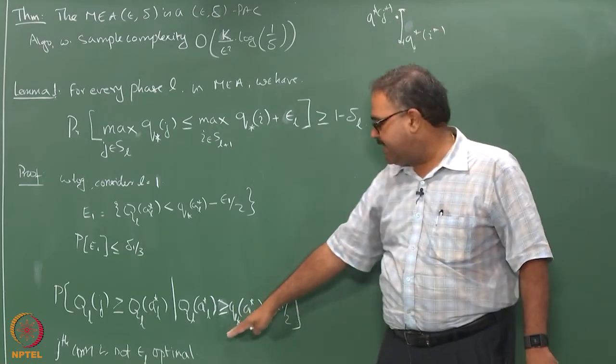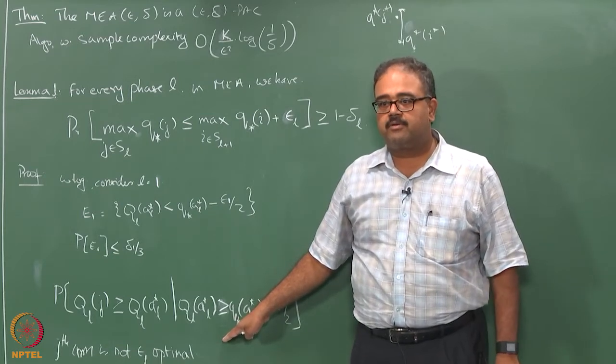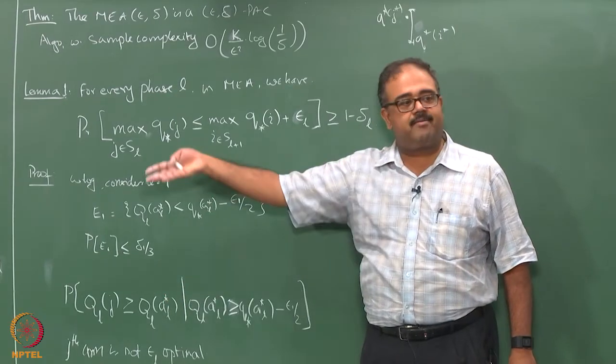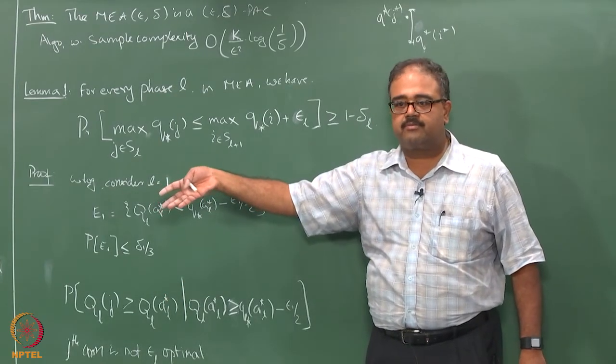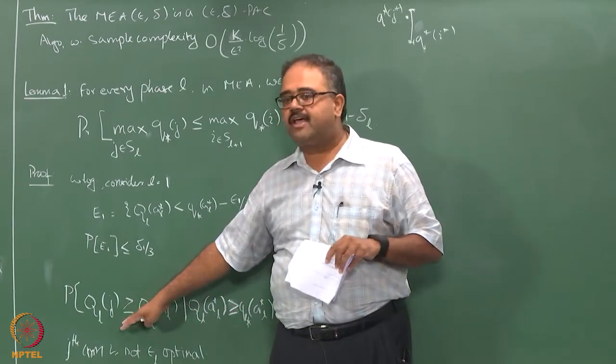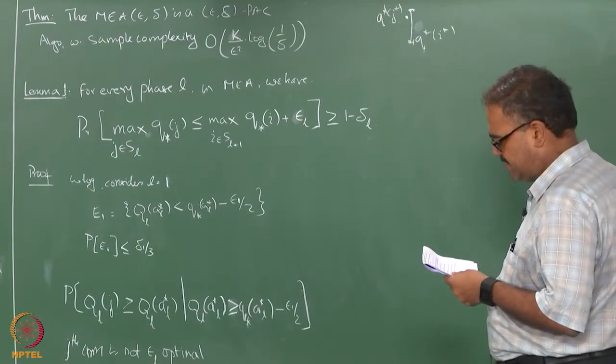Here we are conditioning on the event that A star is not underestimated by more than epsilon by 2. Therefore, J has to be overestimated by more than epsilon by 2, right. Since the event we have conditioned on is false, that event has to be true, okay.